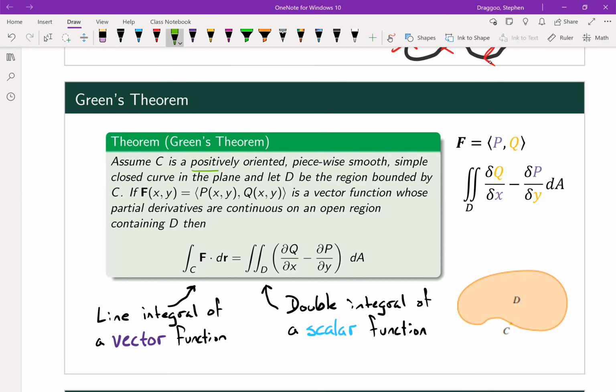So we need positively oriented, and we need a simple closed curve. Those are going to be the things that we need to pay attention to most, as well as those continuous partial derivatives.